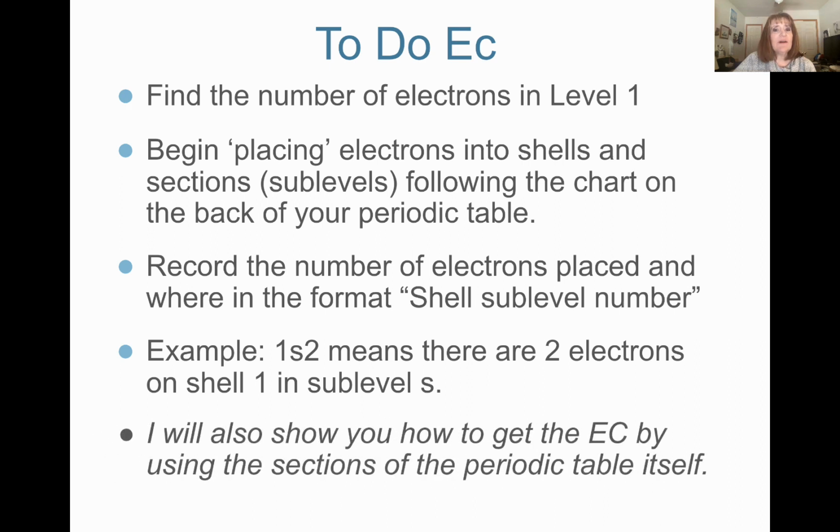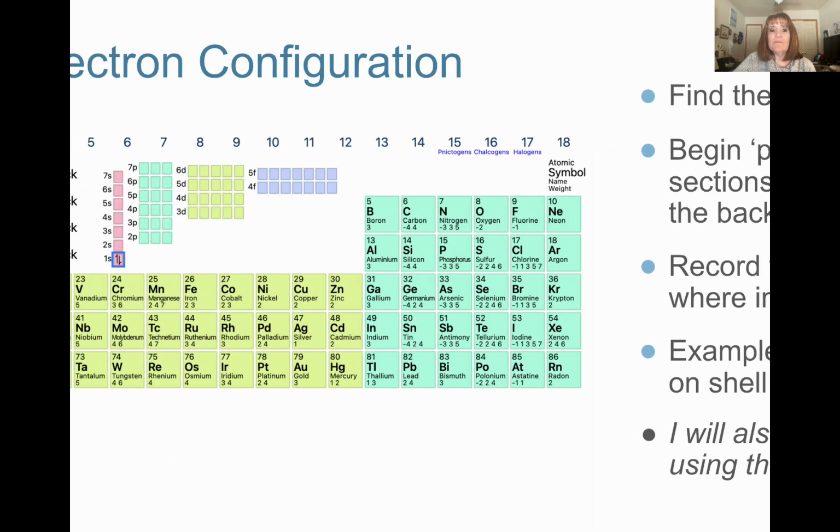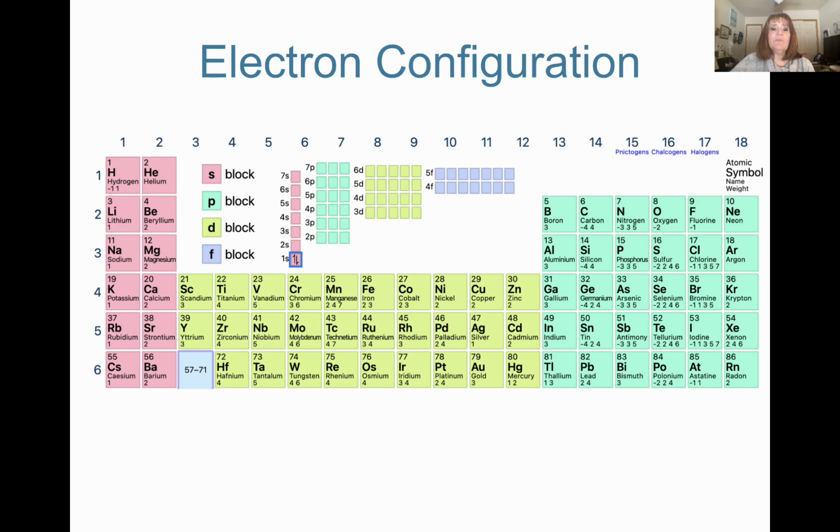I'm also going to show you how to do this on the periodic table itself. If you look at your periodic table, the first 2 columns are the S section. Columns or groups 3 through 12 are the D section, and groups 13 through 18 are the P section.